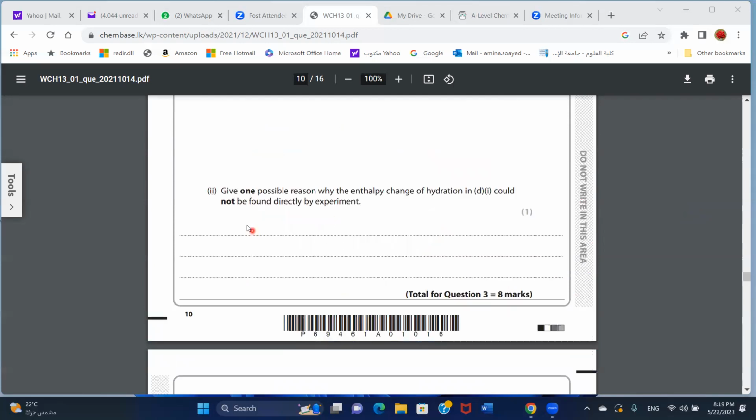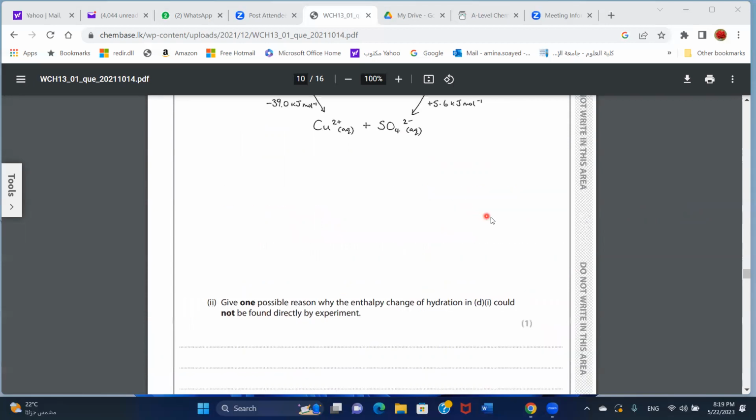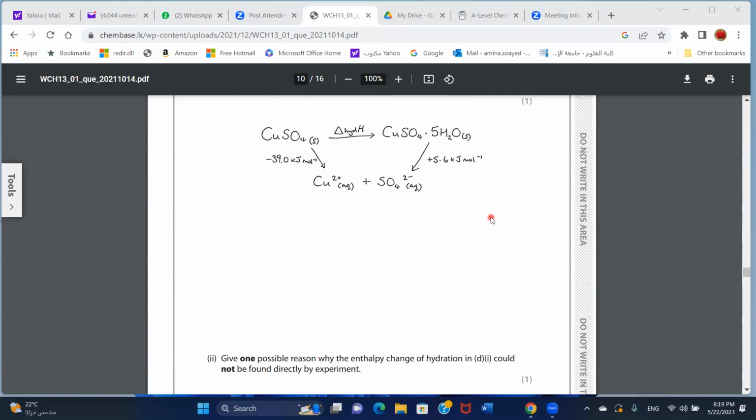Okay, part two, Rodina. Give one possible reason why the enthalpy change of hydration in part two could not be found directly by experiment.